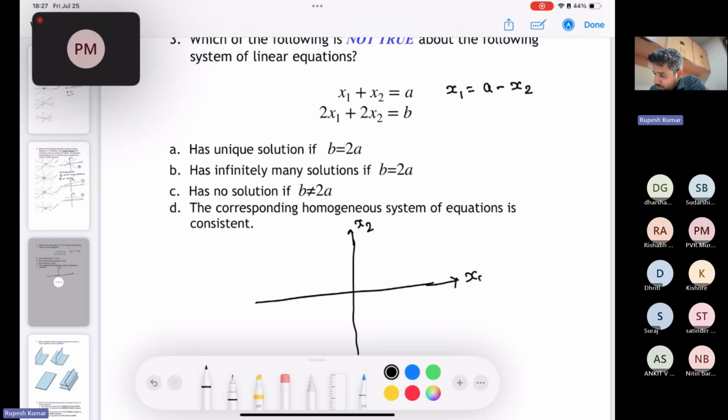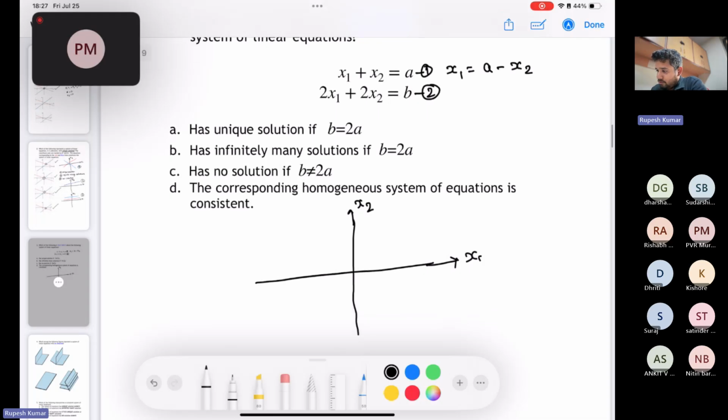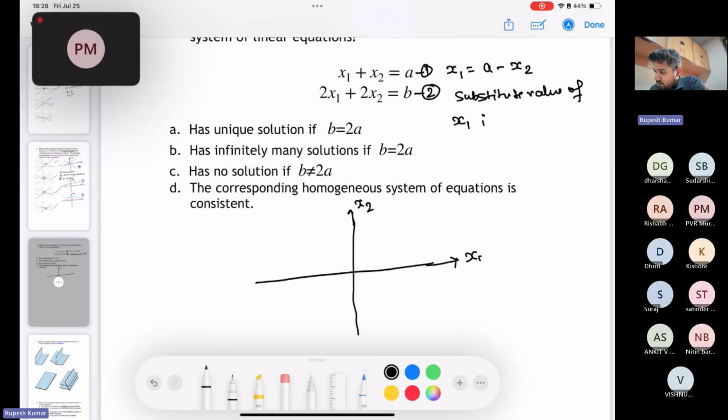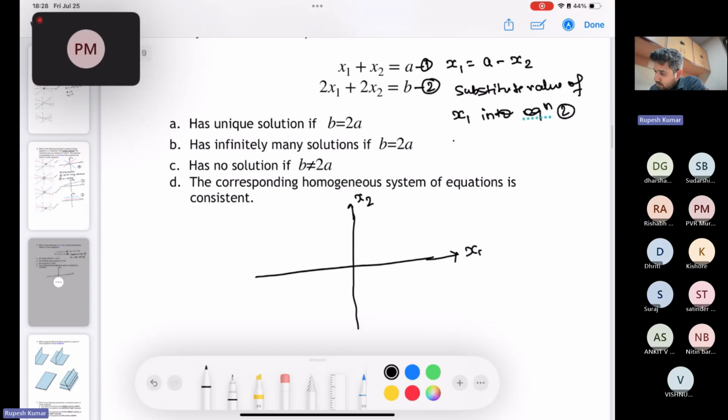You can substitute the value of x1 from equation 1 into equation 2, right? You can say 2 into (a minus x2) plus 2x2 equals b, right?